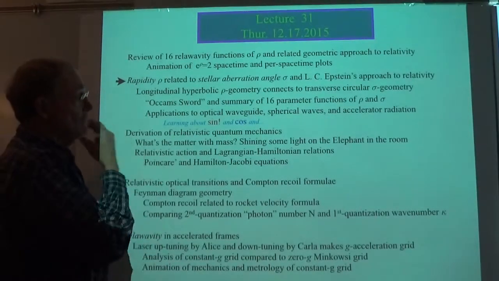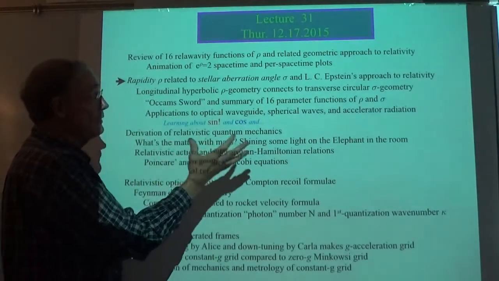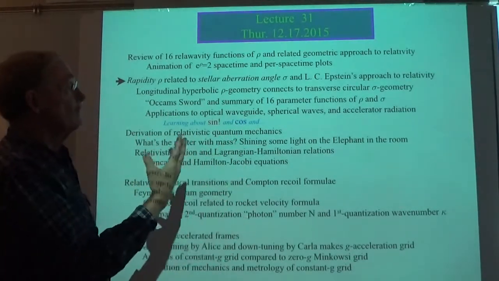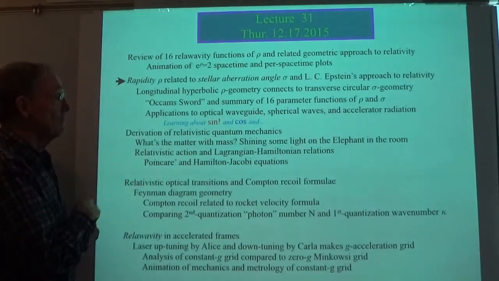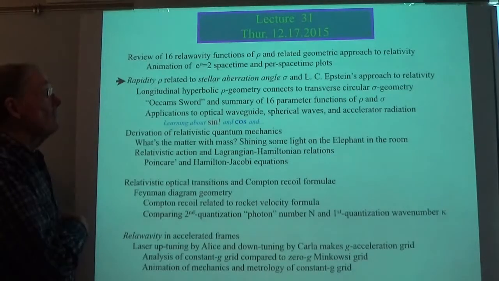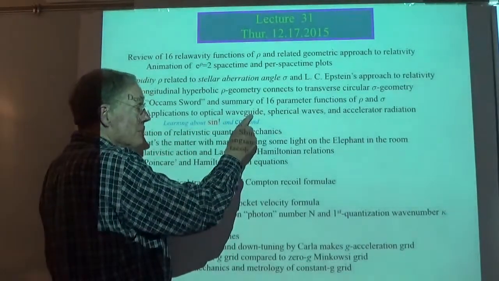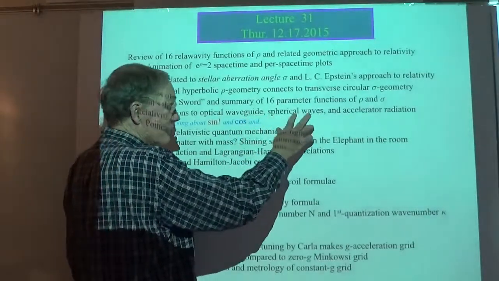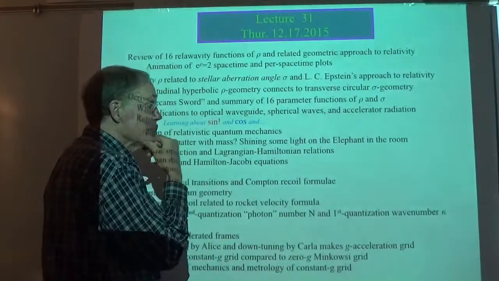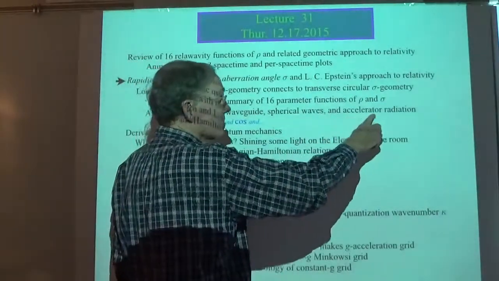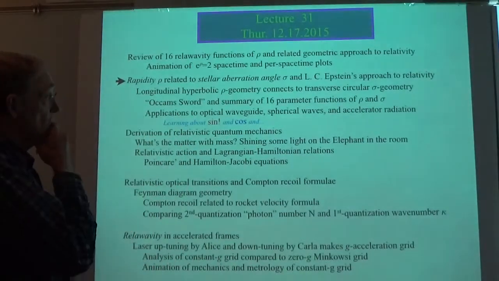And then we've started this all with Occam's razor, so we're going to introduce a little geometrical sort of tool that lets you do pattern recognition, and I call it Occam's sword, and you'll see why when we look at that. And I'll use the sword on some waves in a waveguide, some complicated spherical waves, and they're much different from the plane waves that we've been looking at, and also accelerator radiation, different colors at different angles.